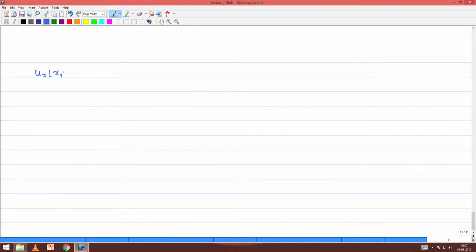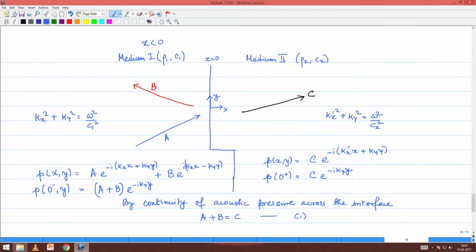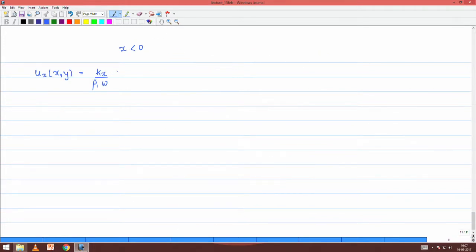So, u x in the region corresponding to x less than 0 will be given as k x divided by rho 0, where rho 0 here would stand for rho 1, because I said that the density in medium 1 is rho 1. So, rho 1 omega into A e to the power minus i (k x x plus k y y).